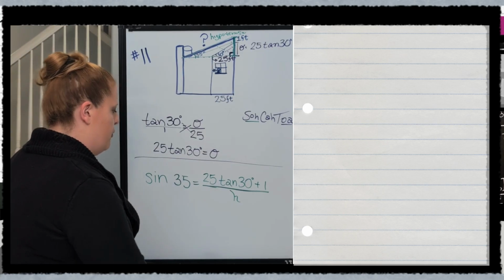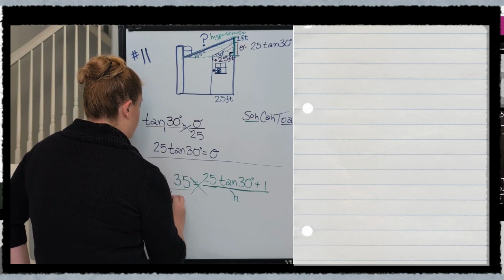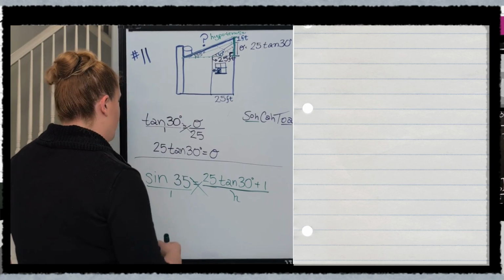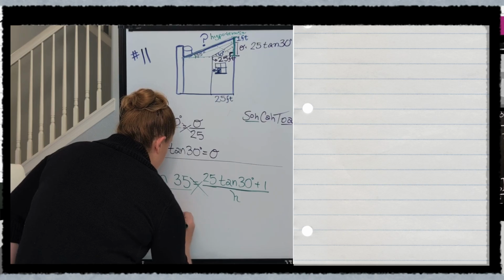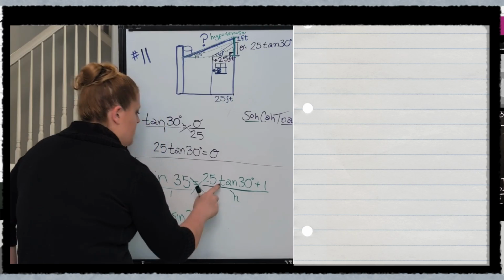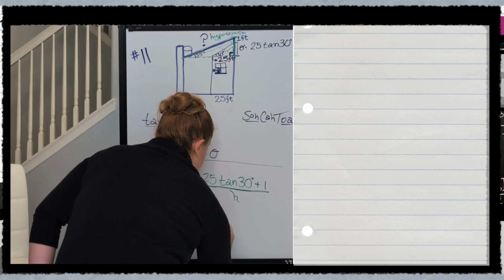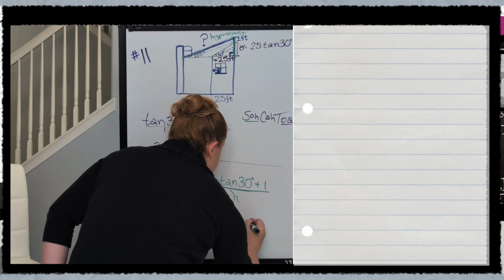So to solve for H, we're going to cross multiply. That's over 1 if it's not specified otherwise. And I have my hypotenuse times sine of 35 is equal to 1 times that whole mess, which is just that whole mess.